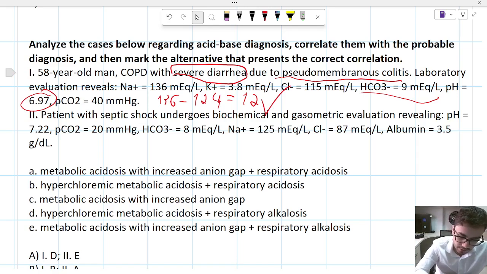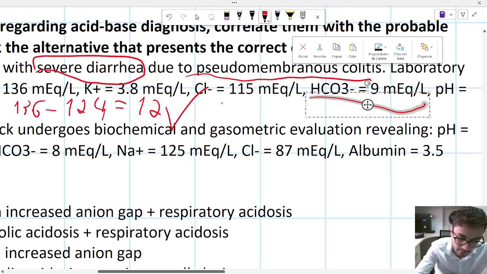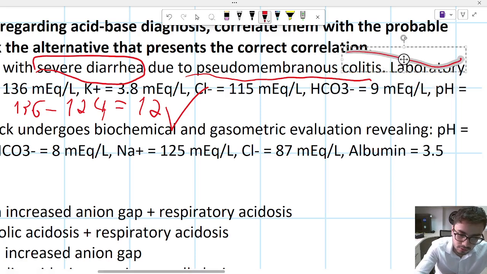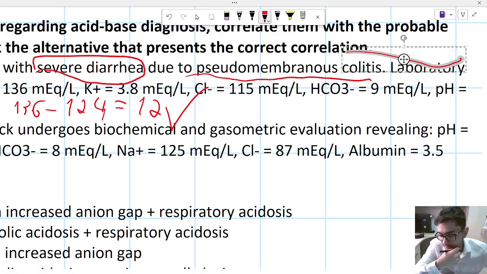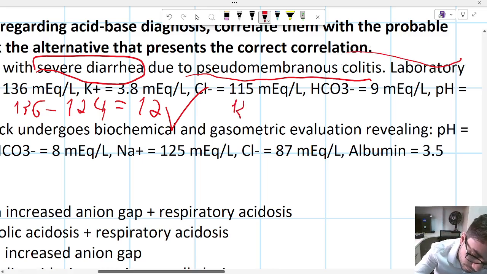So is there also a respiratory acidosis? We will need to also calculate the expected PCO2 in this situation. So let's do it. It will be 1.5 times the bicarb. 1.5 times 9 will be equal to 13.5 plus 8.